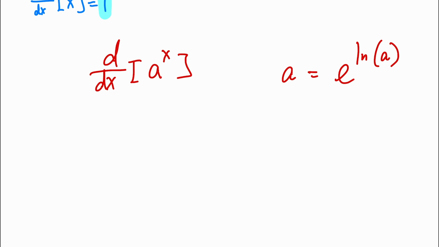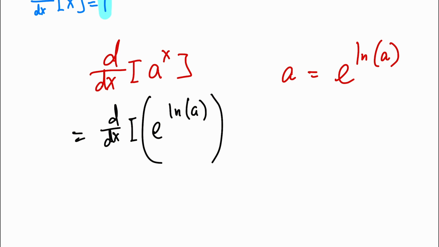If we want to differentiate this thing, then we can simply rewrite this. Well, this may look very complicated, like we are overcomplicating things, but no, because we only know the derivative of e to the x, and that's actually pretty clean. So we just have this.